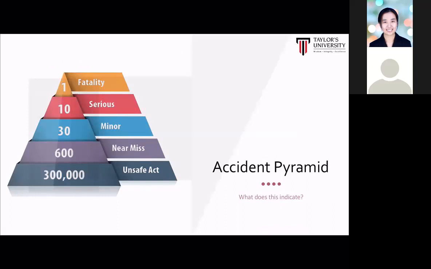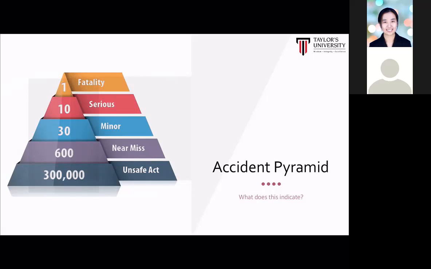For every 300,000 unsafe acts, a very good example here is reckless driving. Some people run through red lights. Some people just don't care. When they cross the road, they don't look, or they cut lines without looking. All these are what we call unsafe acts.